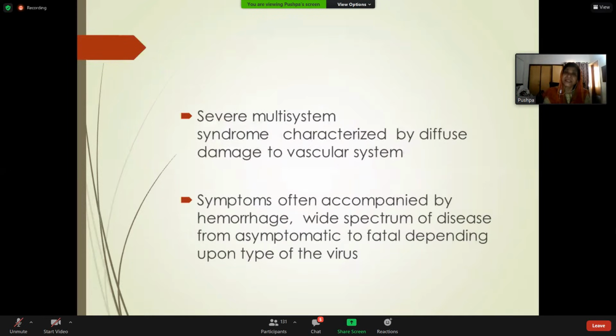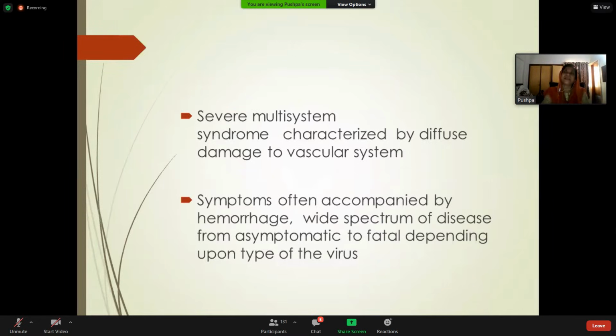What happens in this group of diseases is a severe multisystem syndrome, because it involves many systems at the same time, characterized by diffuse damage to the vascular system. Due to the damage of the vascular system, the blood comes into the tissue spaces.